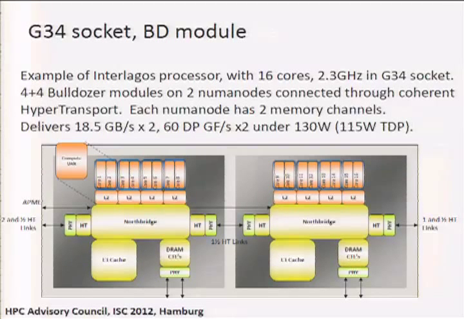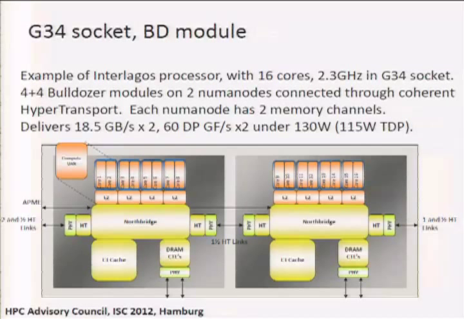And this whole thing is capable of delivering real numbers, not theoretical, of about 18.5 gigabytes per second times 2. This die is capable of 60 double precision gigaflops, so times 2 for the whole thing. And everything is under 130 watts. I put in parentheses 115 watts.